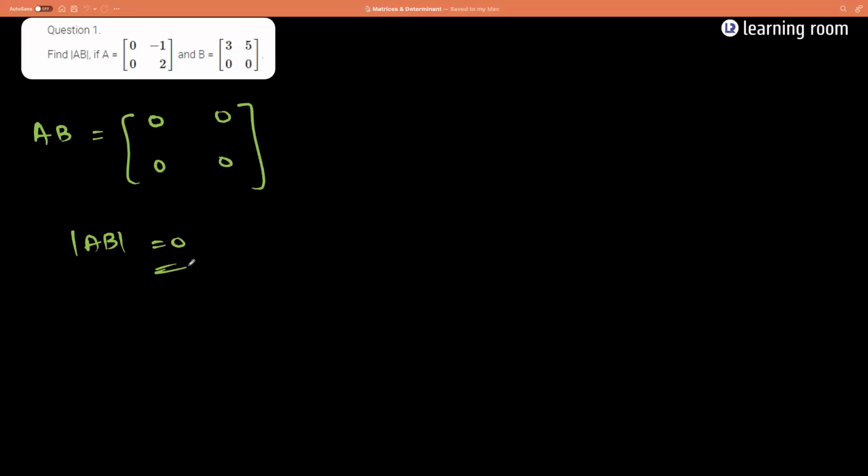So what is the difference between a matrix and a determinant? Can I write this also as 0? A into B is 0. Can I write it like that?